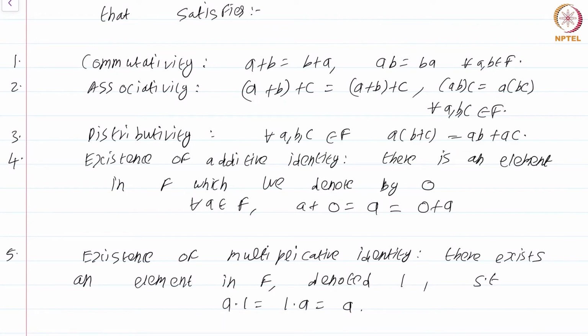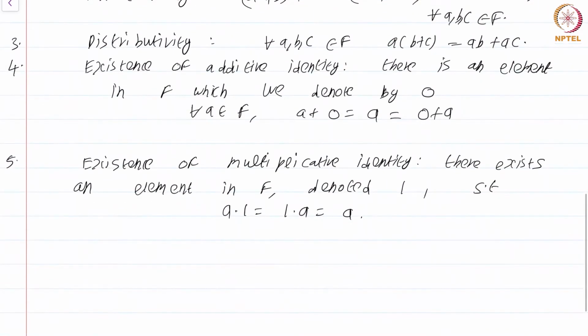Note, I have used the symbol dot for multiplication just to be familiar with the usual substitutions for the times symbol. Often we write dot for times. 6. Existence of additive inverse.